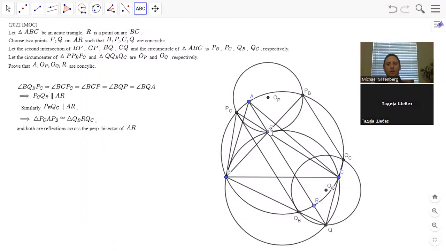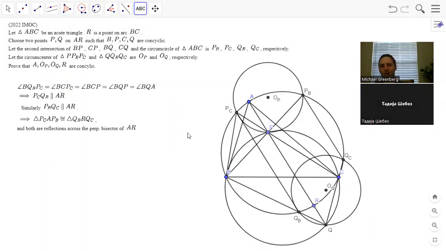Oh, well, actually, I think I'm missing something. I have to use that the circle passes through P. For some reason, I thought this was the circumcircle of A PBPC, but obviously it doesn't pass through A, so I can't just say it's trivial.